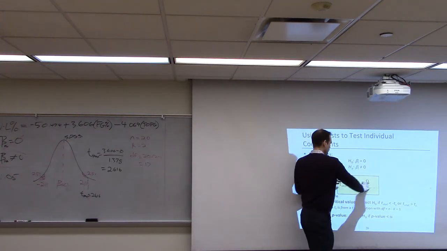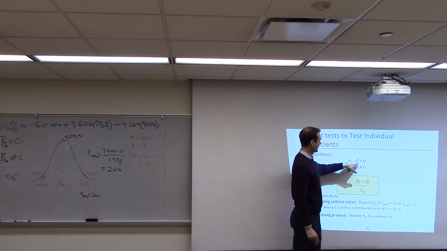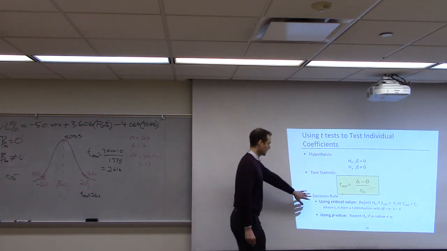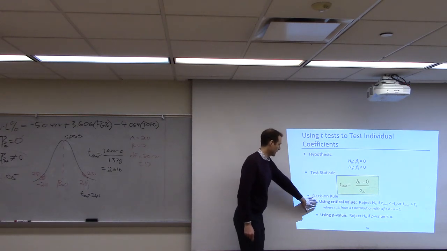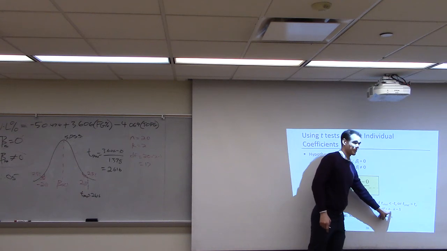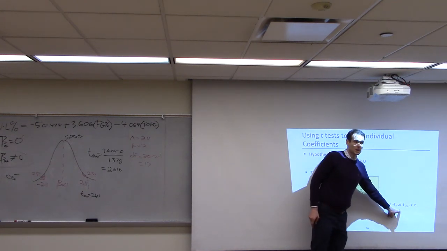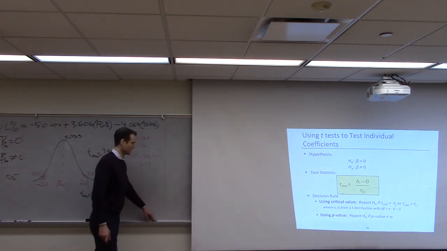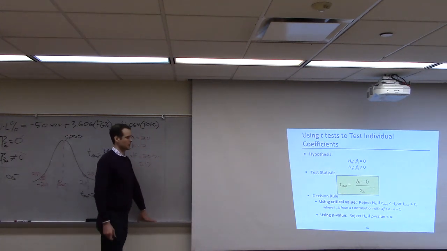If it's a very large number, then we're going to reject that the true population slope equals 0. We could use the critical value region approach, which you know how to use. The only difference between this week and last week is degrees of freedom is now n minus k minus 1. The p-value approach is exactly the same as we've done in previous classes.